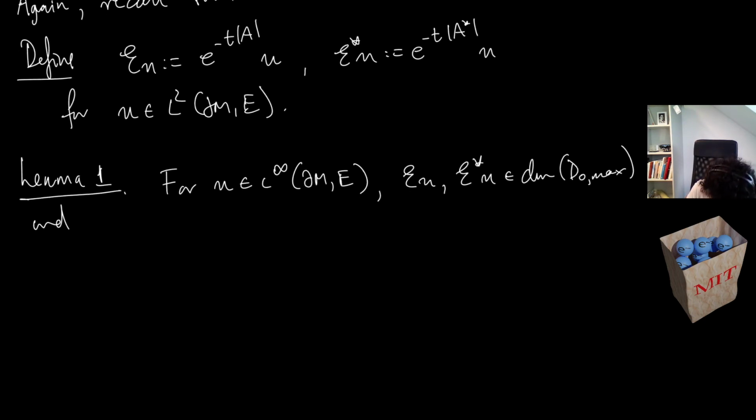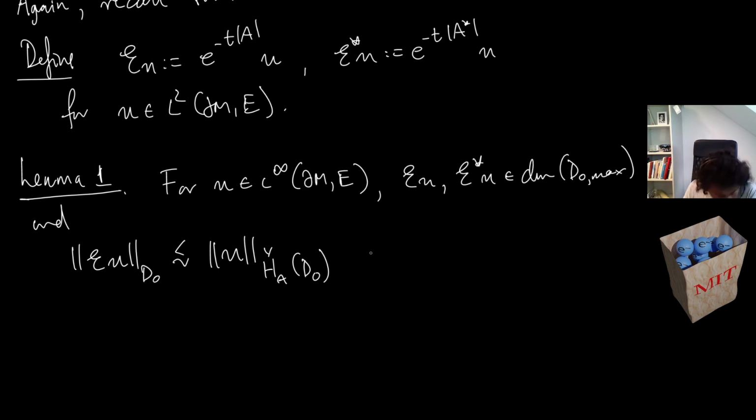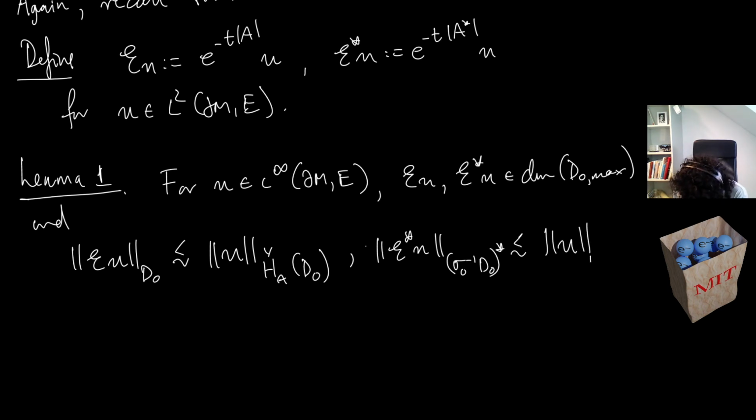And we have E of U d naught is bounded by this norm of H check of A d naught, and we also have E star of U sigma naught inverse d naught star is bounded by U in H hat of A d naught.